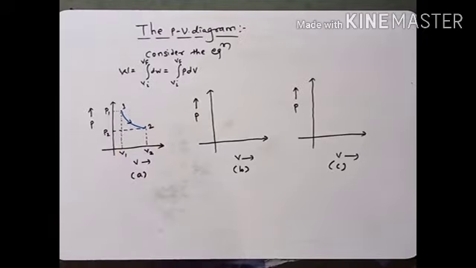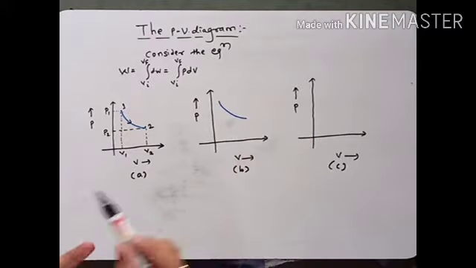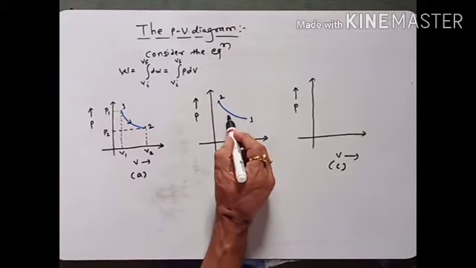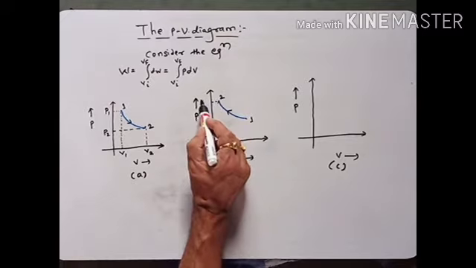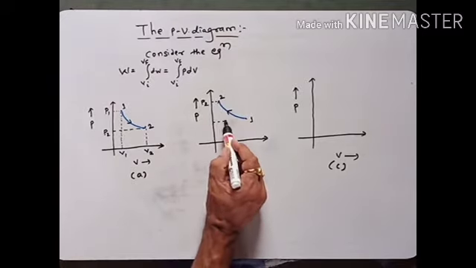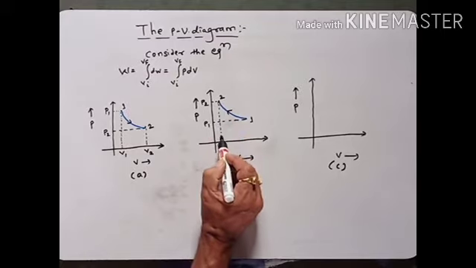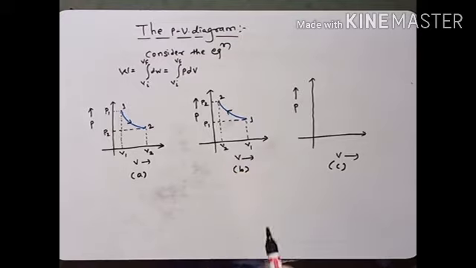Now we consider the reverse case. Suppose this is the PV curve. Here this is 1 and this is 2 in this direction. Suppose this pressure is P2, this pressure is P1, this volume is V2, and this volume is V1.